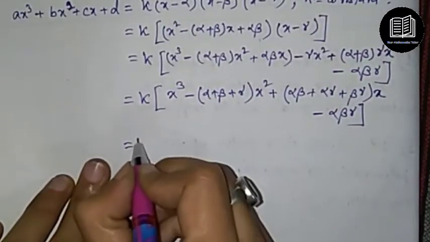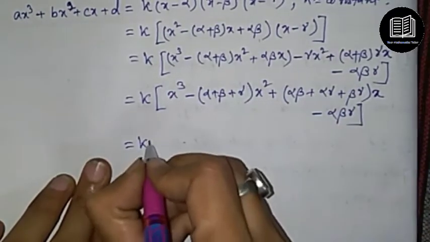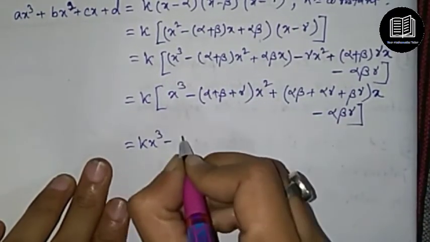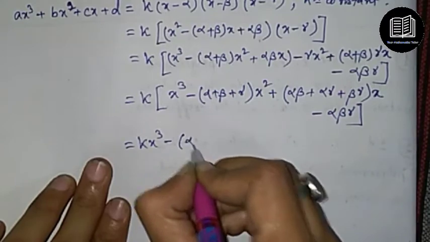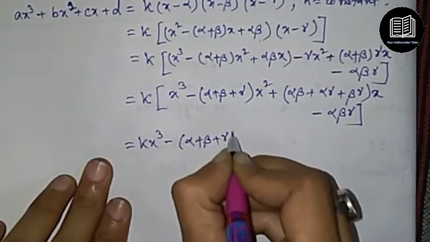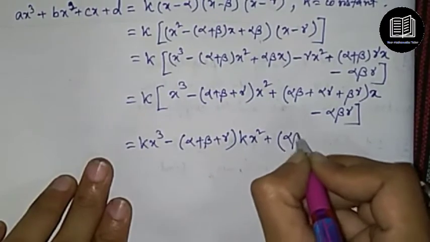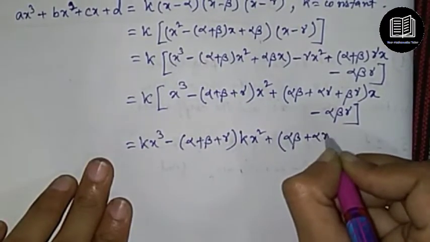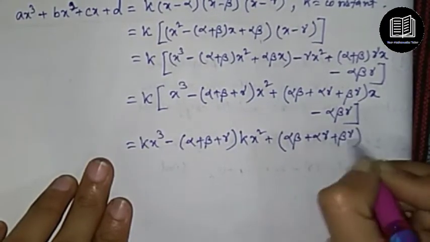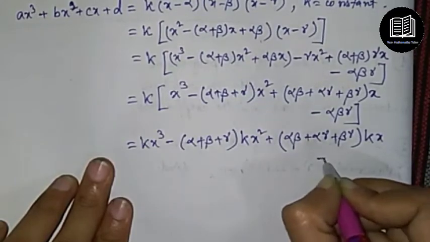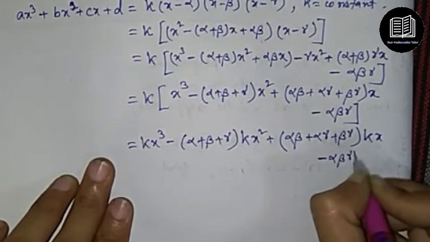now multiply k with all the terms. Kx cube minus (alpha plus beta plus gamma) kx square plus (alpha beta plus alpha gamma plus beta gamma) kx and minus alpha beta gamma k.